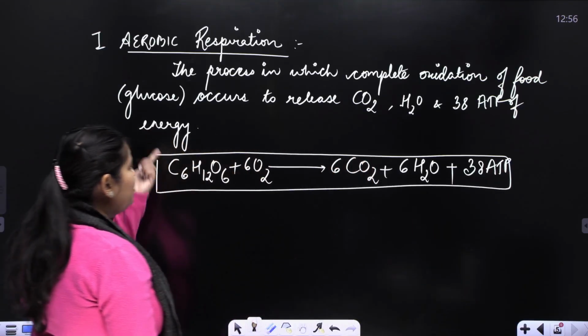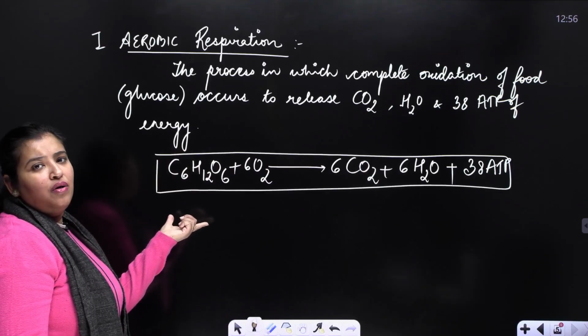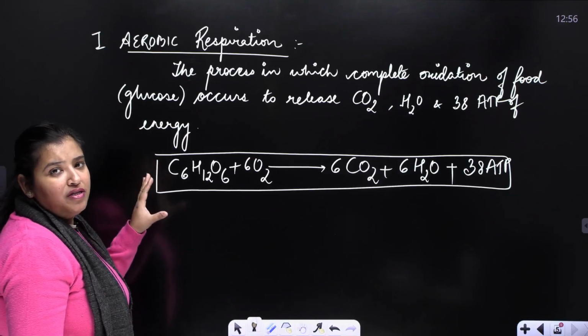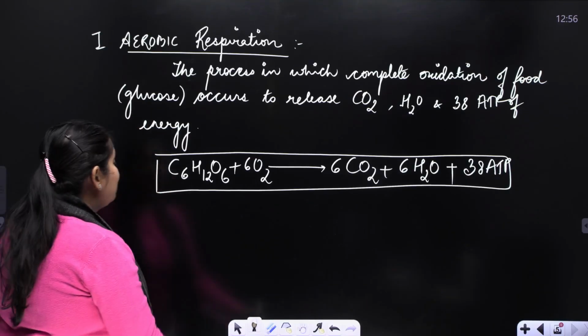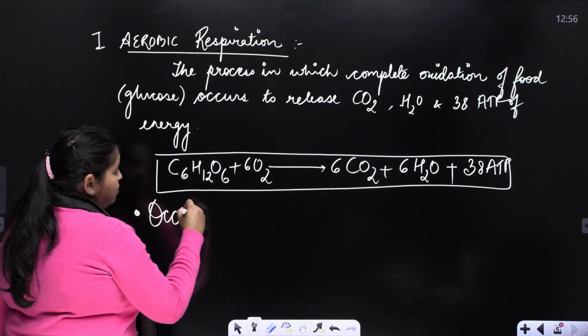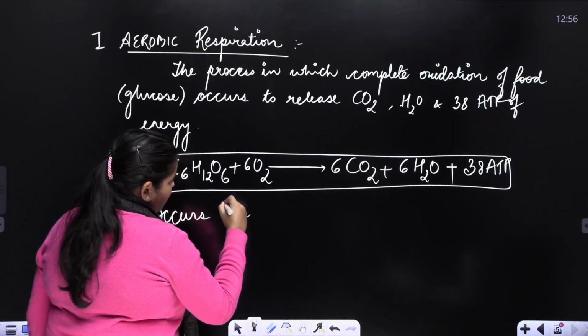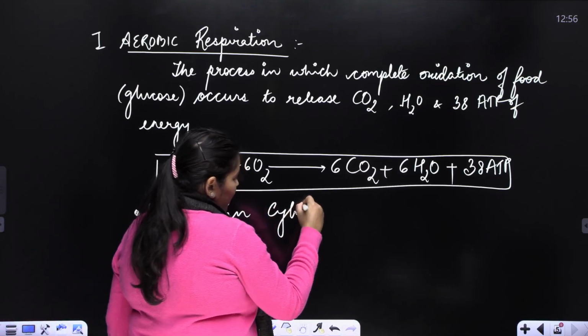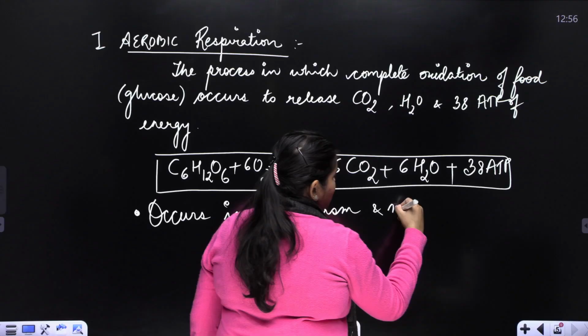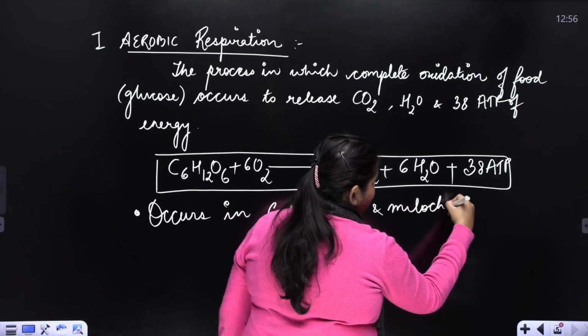You will define it and write the equation so that the examiner knows that you know both the things simultaneously. And along with this, here as a pointer, you will write occurs in cytoplasm and mitochondria of the cell.